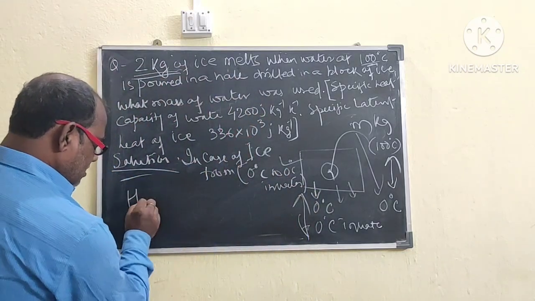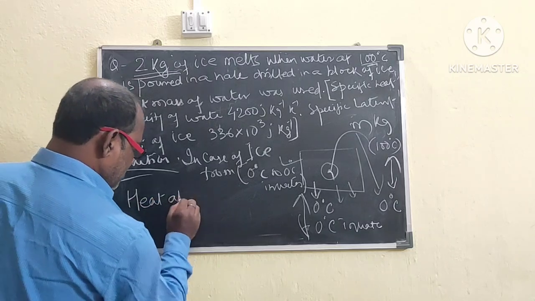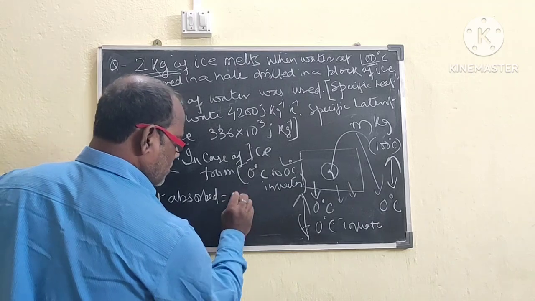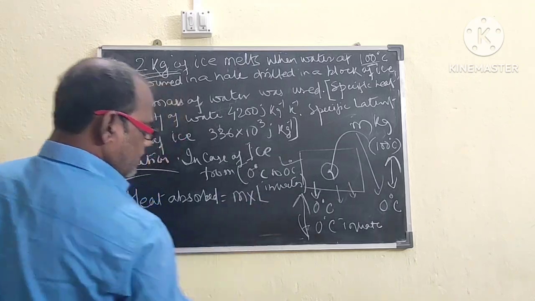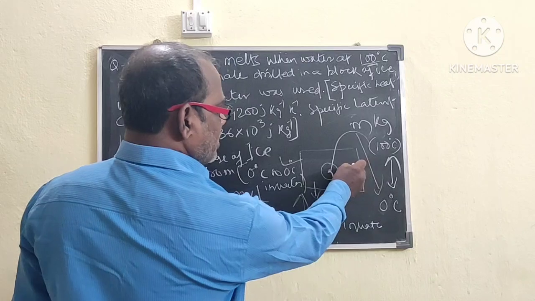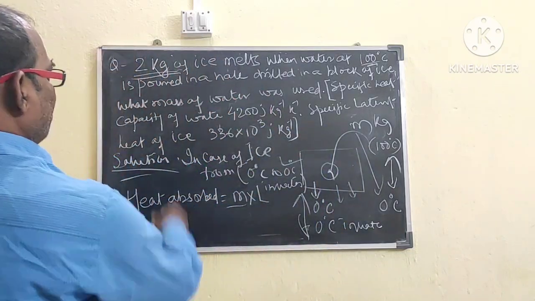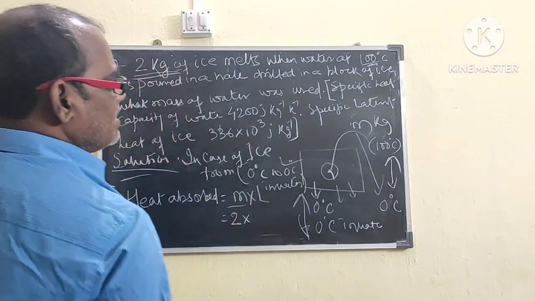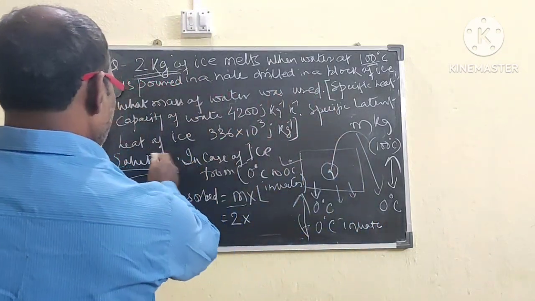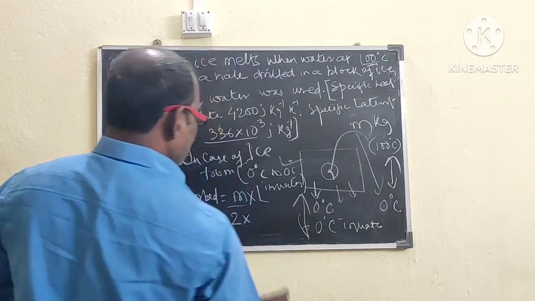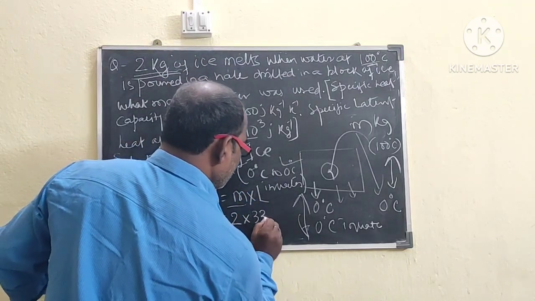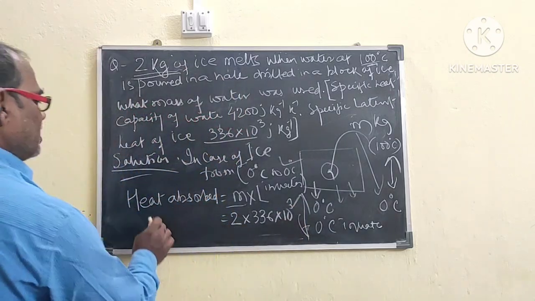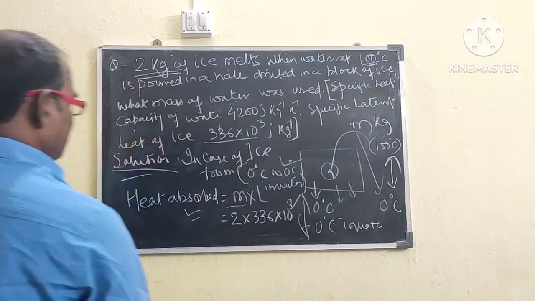So heat absorbed is equal to m into L. What is m? m is the mass of the ice, and the mass of the ice is given here as 2 kg. So write here 2 into latent heat. The latent heat is given as 336 into 10 to the power of 3. This is the heat absorbed in the case of ice.